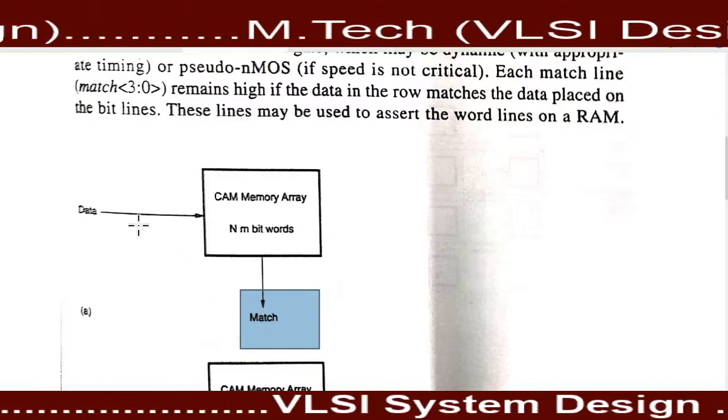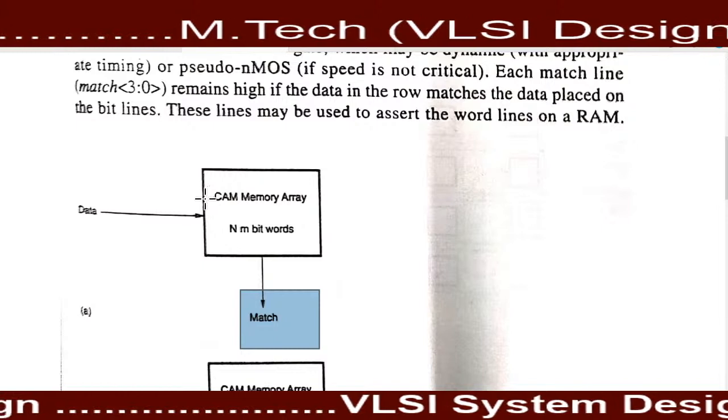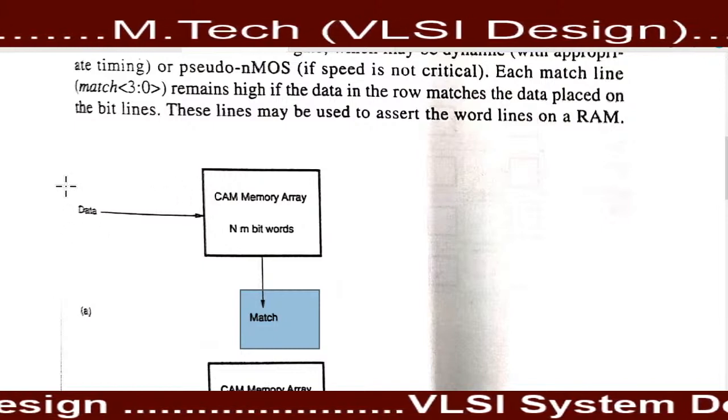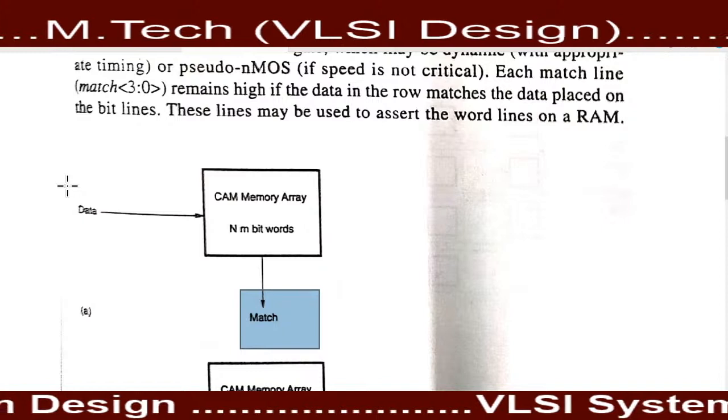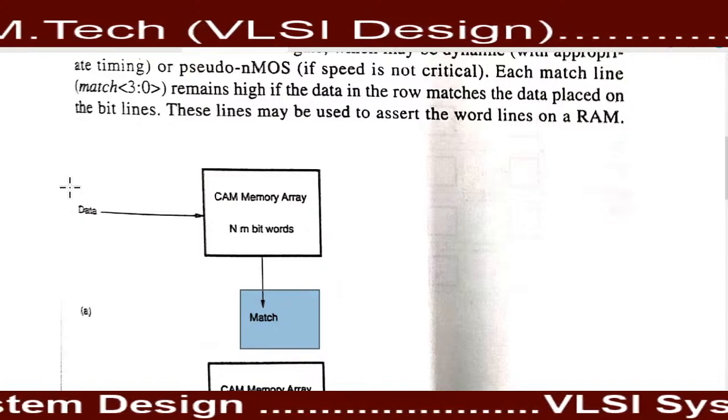In other memory, first we provide the address, and after it, the memory cell searches the address and finds the data which is stored in that particular address.